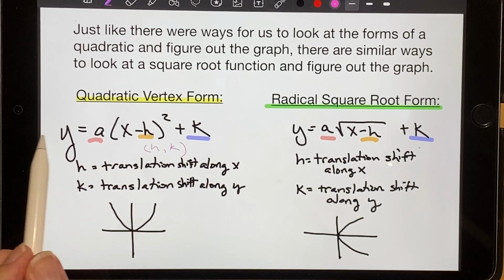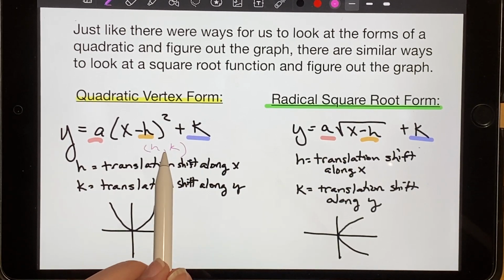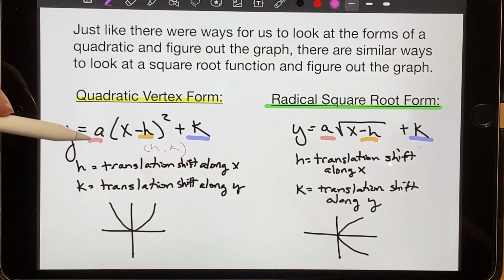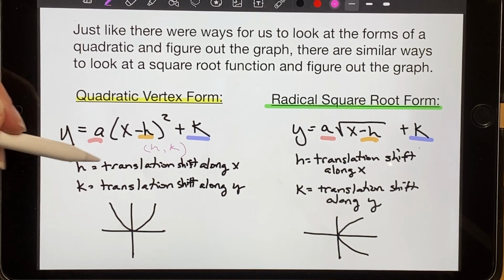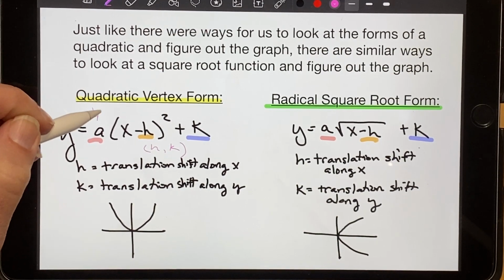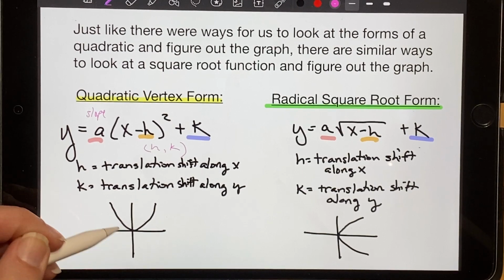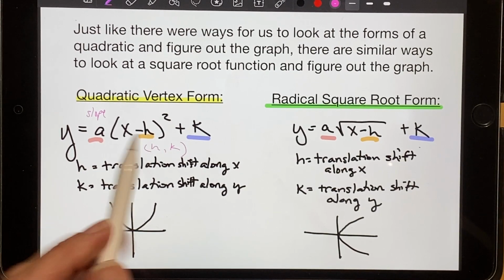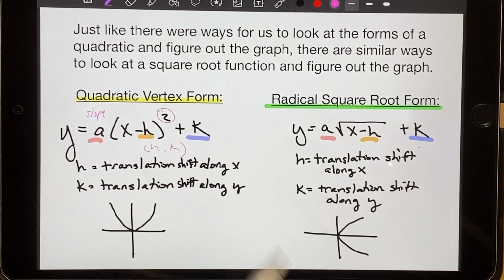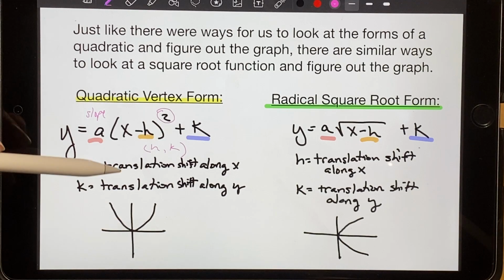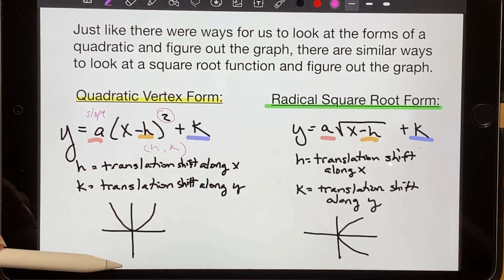So we knew that in a quadratic, we had (H, K) where our vertex was located. We knew that A was our slope from the vertex to that very first point. And we knew that because it was a squared term, it had to be a parabola, and that was either facing up or facing down.